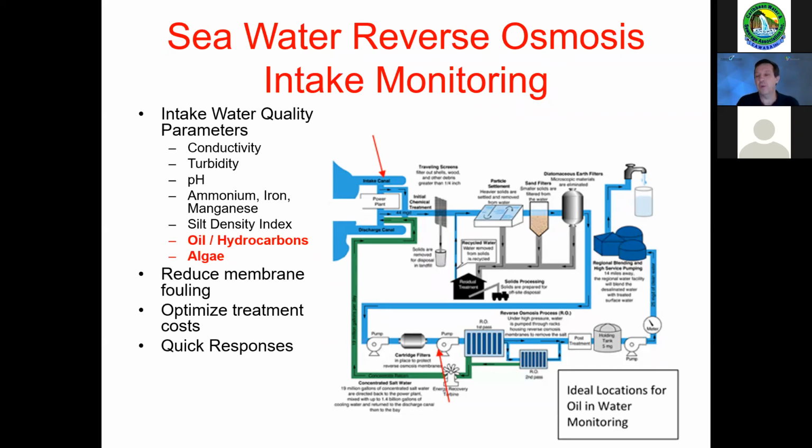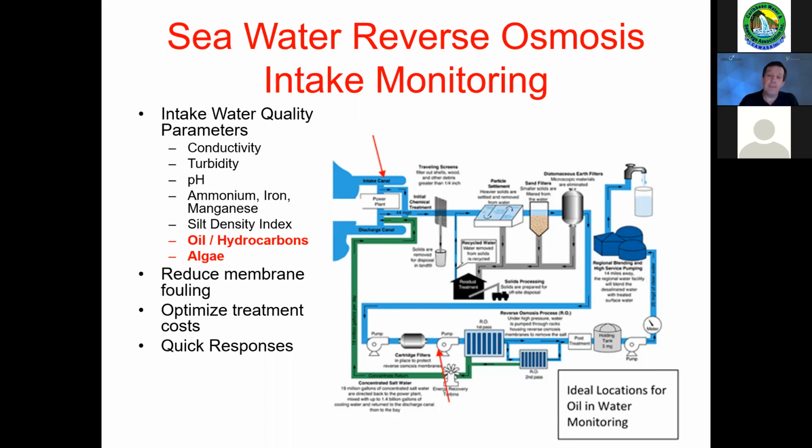So you have to increase your pressure and the amount of energy needed to pass water through the system, and your cost goes up significantly. A cleaning operation would be needed. Some type of acid or caustic base cleaning is needed to get all the goop off of the membranes.